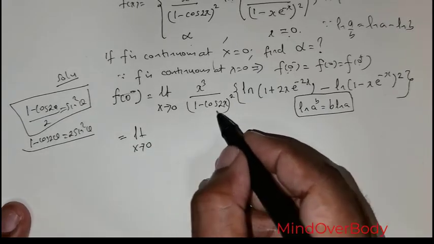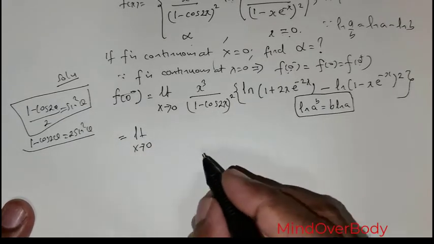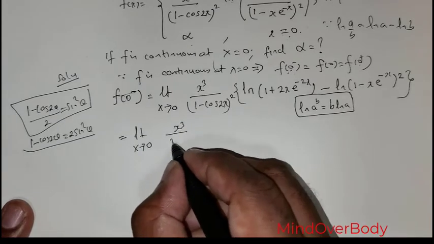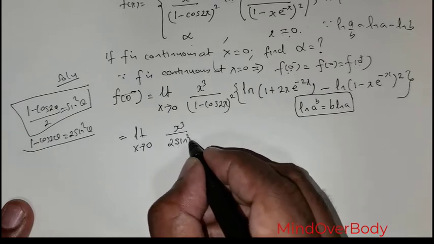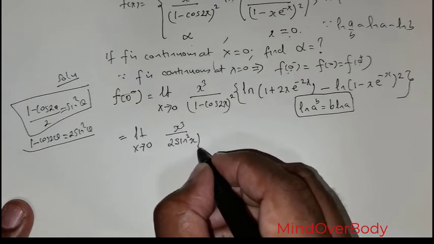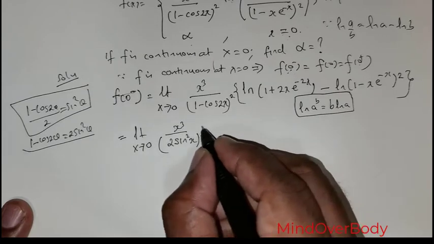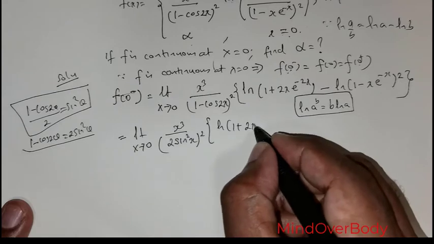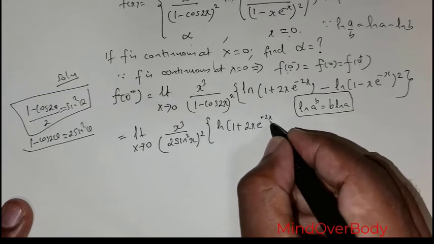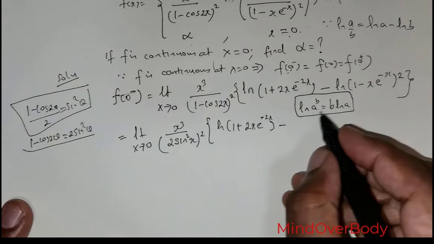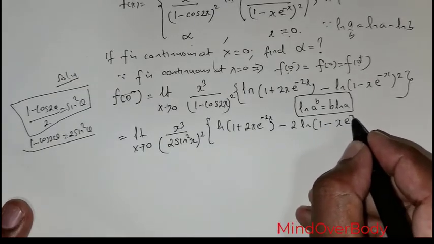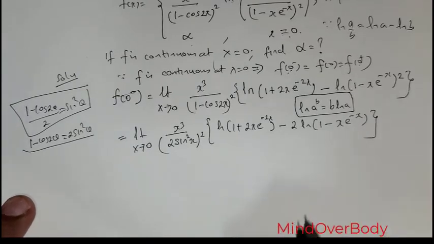So I can replace 1 − cos 2x with 2 sin²x. This is going to be x³ divided by 2 sin²x, raised to the power of 2, followed by ln of (1 + 2x)e^(−2x) minus 2 times ln of (1 − x)e^(−x). So this is working out well.